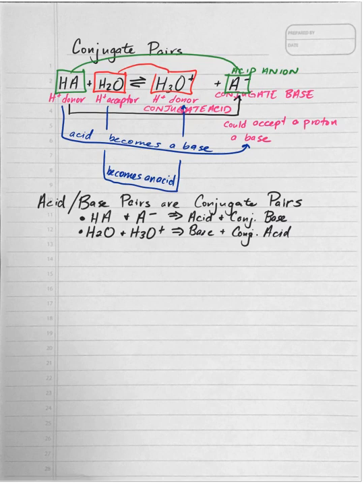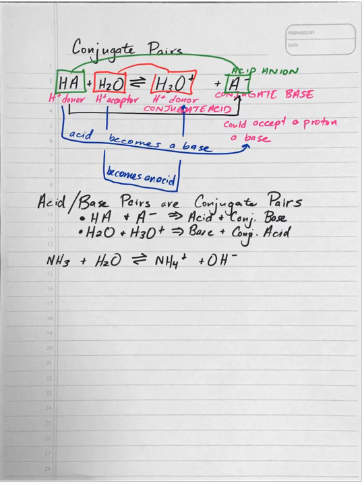Let's look at some examples and have you practice this concept a little bit. Let's see what happens if we react NH3 and water. NH3 and water make NH4 plus and OH minus. Pause this video and see if you can identify the acid, base, conjugate acid, and conjugate base.